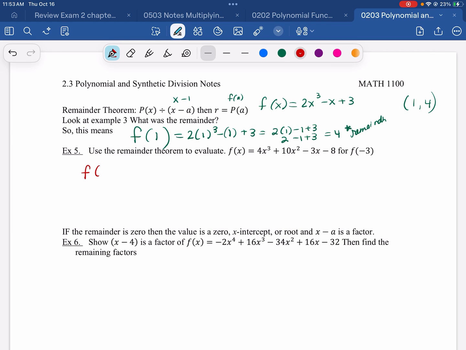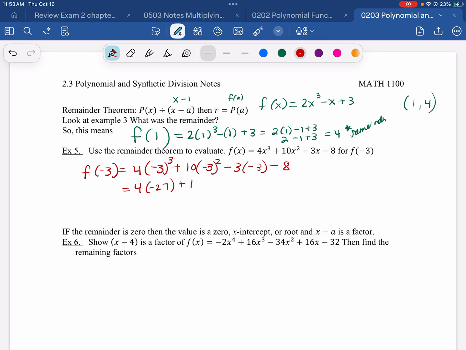So use the remainder theorem to evaluate. If we do f of negative 3, we do 4 parentheses negative 3 cubed plus 10 parentheses negative 3 squared minus 3 times negative 3 minus 8. Okay. Negative 3 cubed is negative 27.